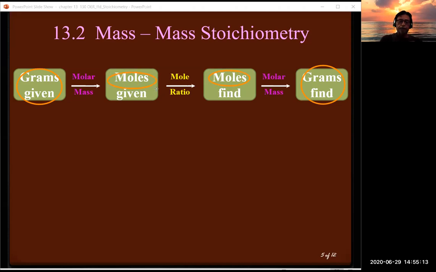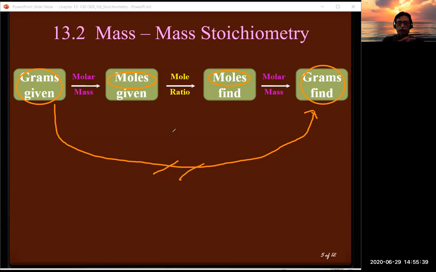Okay. And so here I got grams of A. How many grams of B am I going to make? Okay. So I cannot go directly from here to here. Cannot do that. I have to go through moles.